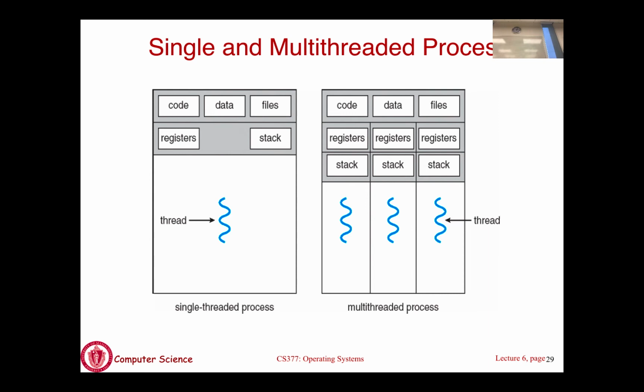You will see that this one has 3. What is not clear is that there are no boxes here; this is essentially one text segment, the same code. But each thread has its own stack and its own set of registers, and you share the heap and whatnot. This allows you concurrent execution of code within an address space.